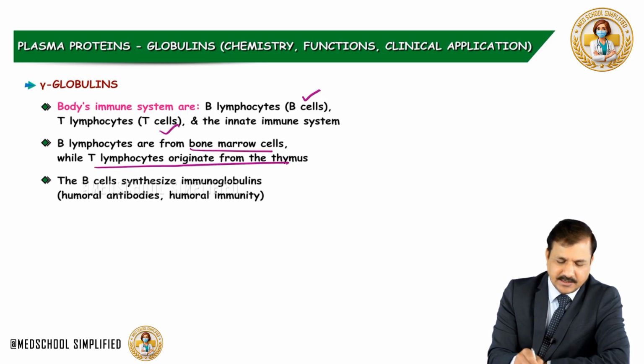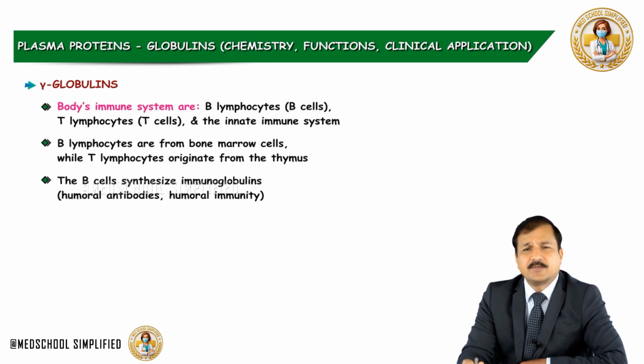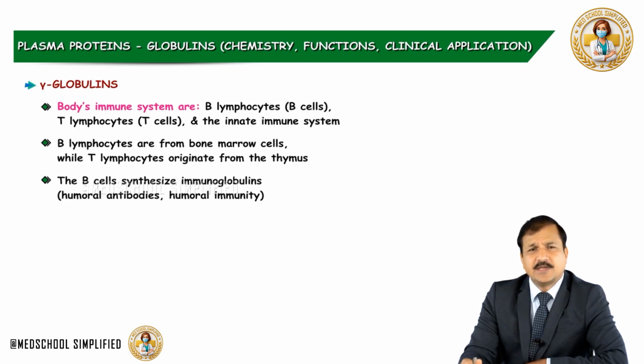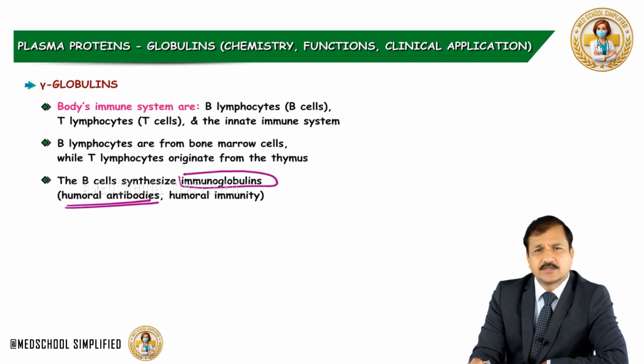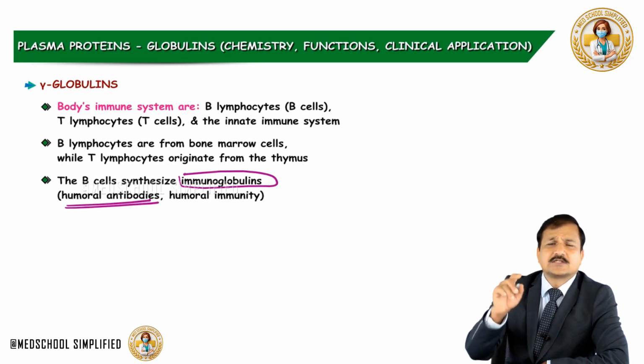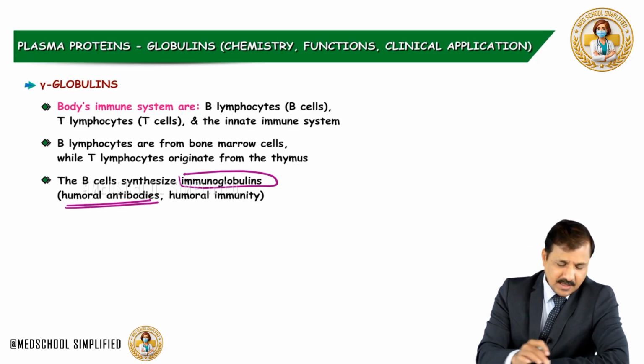So, B for bone marrow and T for thymus-derived cells. The B cells synthesize immunoglobulins, which give humoral immunity to our body.